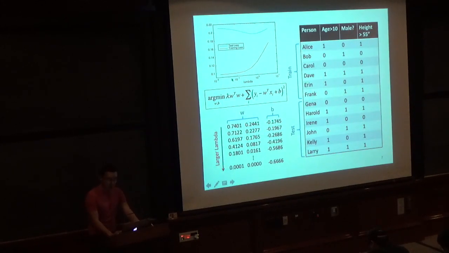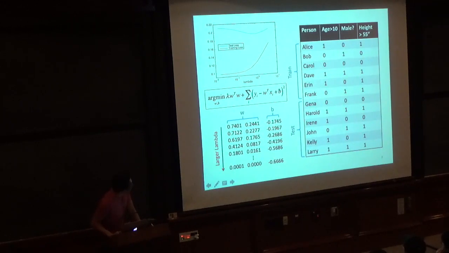So we can see a few things. First, as lambda increases, our squared error on the training set, the training loss, goes up. And in fact, in the limit of lambda being very, very large, the W actually goes to 0, and the B, the bias term, becomes actually the average. What is the average Y in our training set? 2/3.